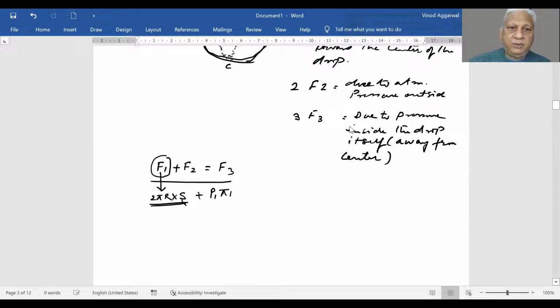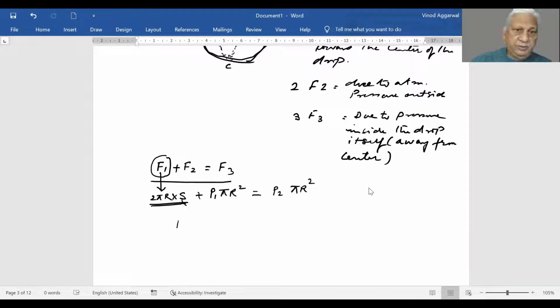Pi r square. Right? This is equal to this force, the pressure inside the drop. Again, P2 acts on how much area? Pi r square. Okay.